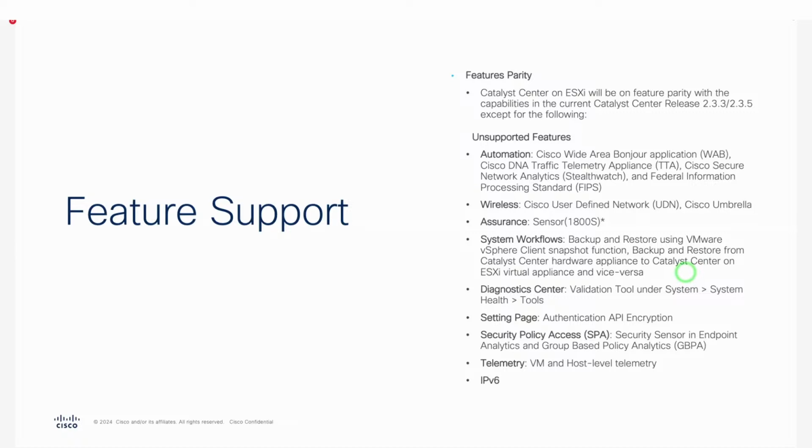If you had a previous DNA appliance and you want to restore a backup on an ESXi, that will be available soon for you. There are a few others, such as authentication API encryption, security sensor, endpoint analytics, and group-based policy analytics, that are not supported, as well as telemetry on the VM and host level, and IPv6.